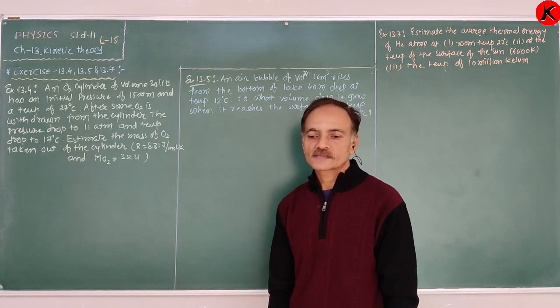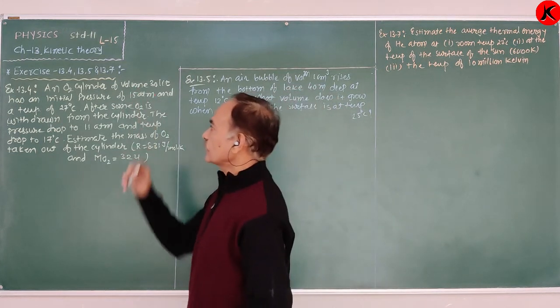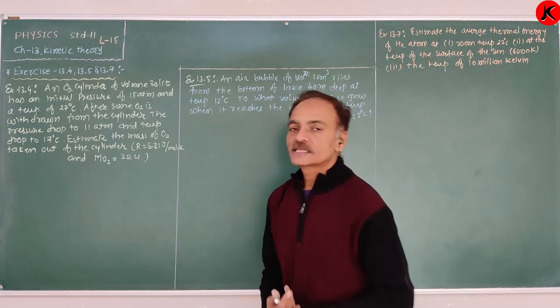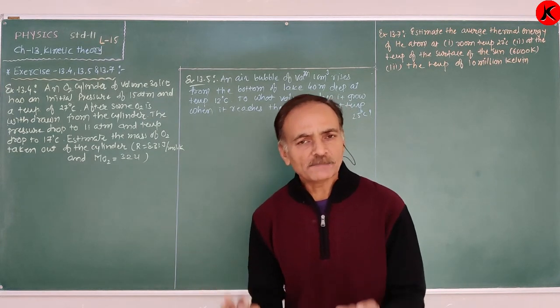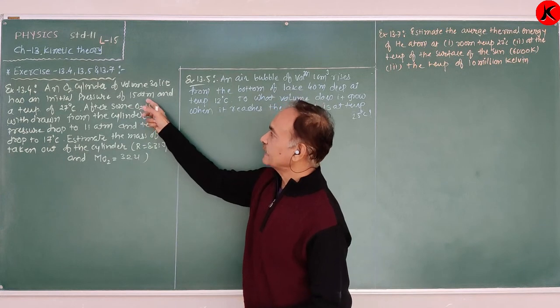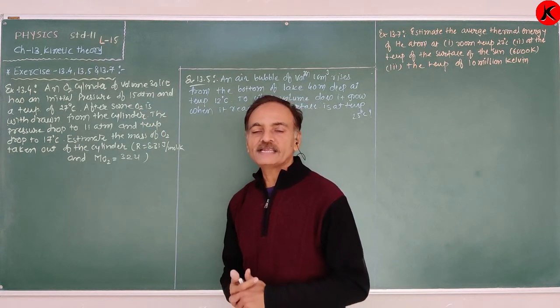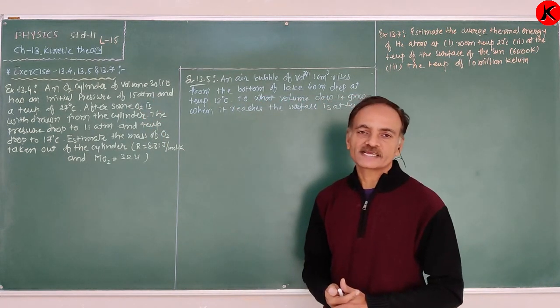Now in one cylinder the oxygen is filled. The volume of the cylinder is 30 liter. When the cylinder is completely filled by the oxygen, at that time the pressure is 15 atm and temperature is 27 degrees centigrade.